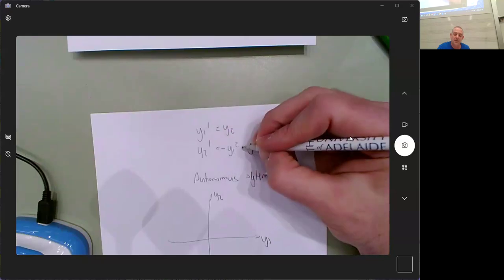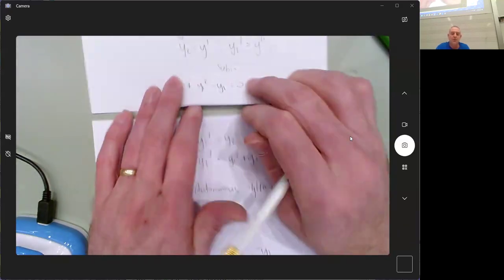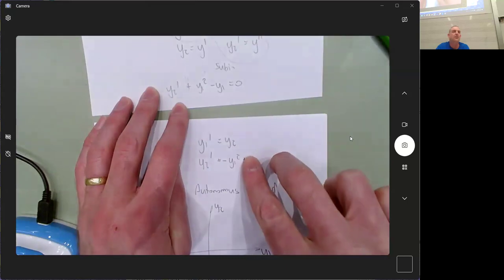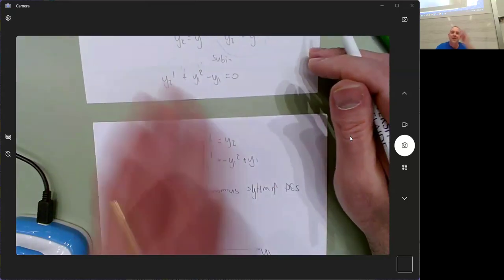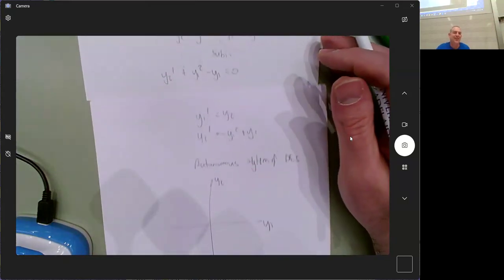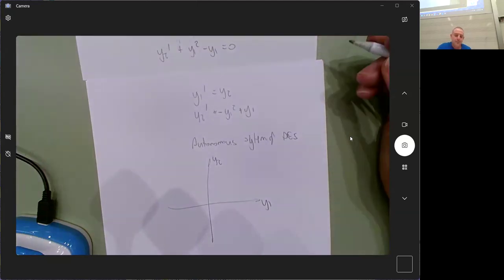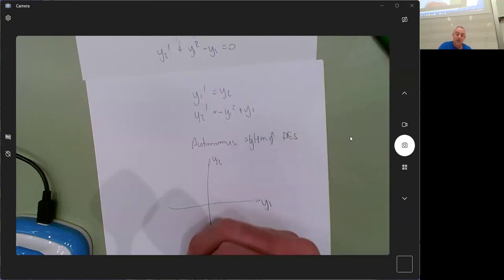It totally is, because I should have moved them over this side to make them minus. Yes. Thank you. I did ask people to do that, so that's great.